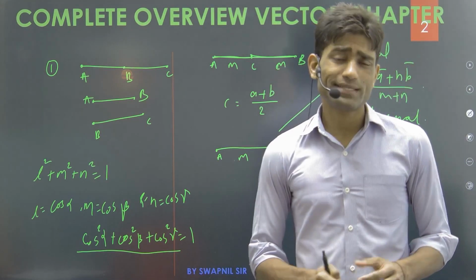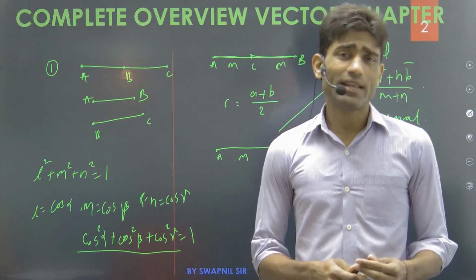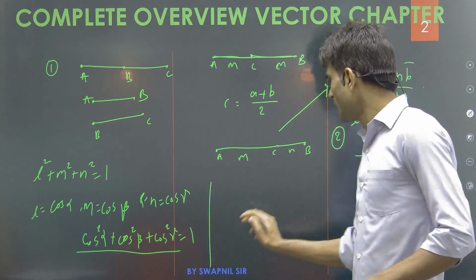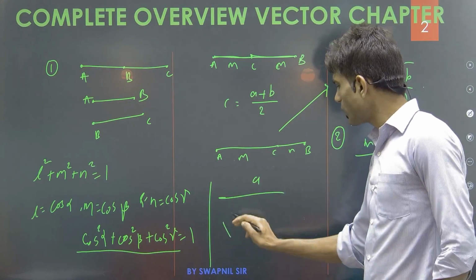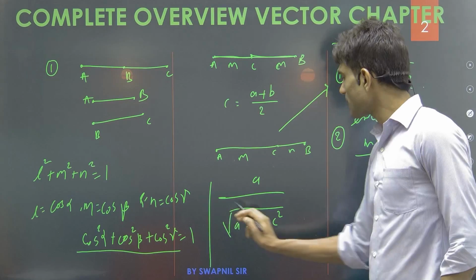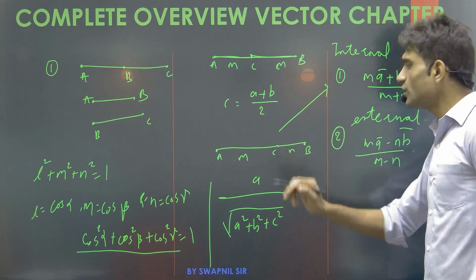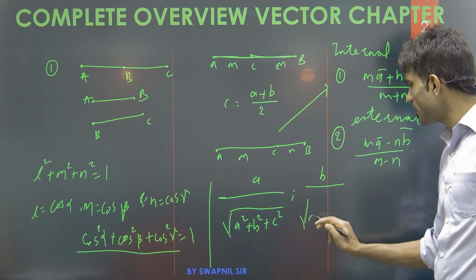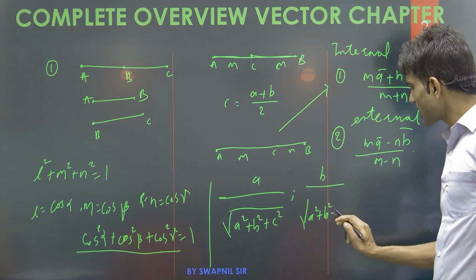It is helpful for finding the direction ratios of our line. For finding the direction cosines of our line, the first direction cosine is a upon square root of a square plus b square plus c square. Secondly, the direction cosine b upon square root of a square plus b square plus c square.